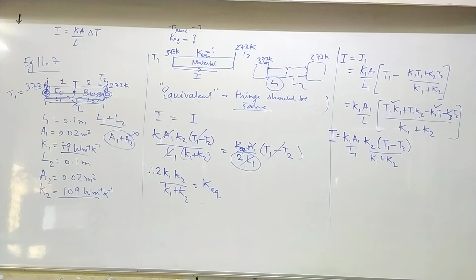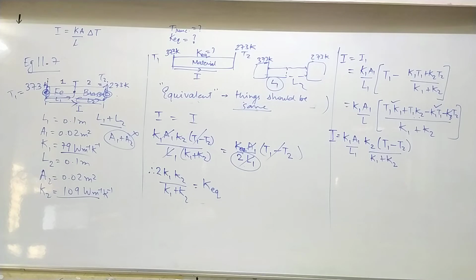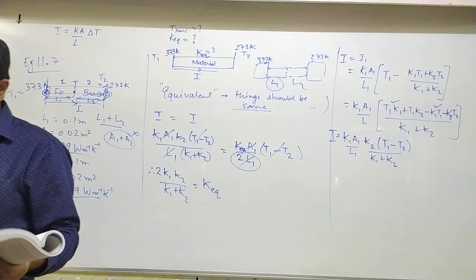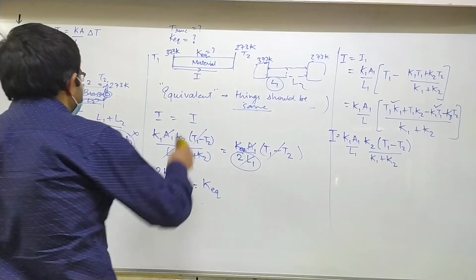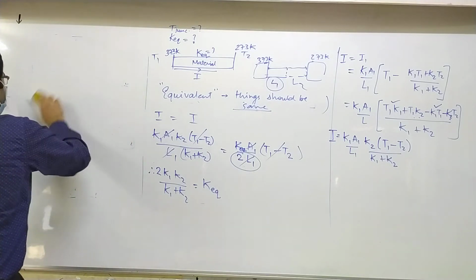Right, so let's go to the next question. We go to the exercise. Hopefully there are a few questions like this. In the exercise, we have question number 18. It's given that a brass boiler has a base area of 0.15 meter square and thickness of 1 centimeter.